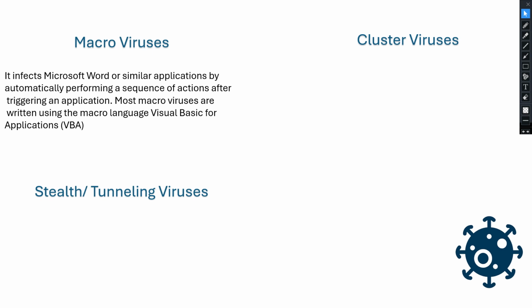Most macroviruses are written using the macro language Visual Basic for Applications, VBA. So what would be the applications similar to Microsoft Word? It might be PowerPoint, it might be Microsoft Excel, it might be Notepad.